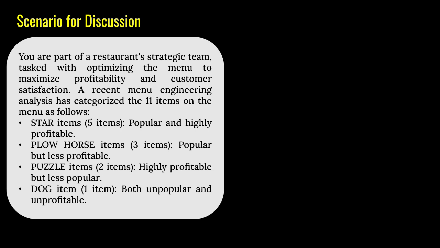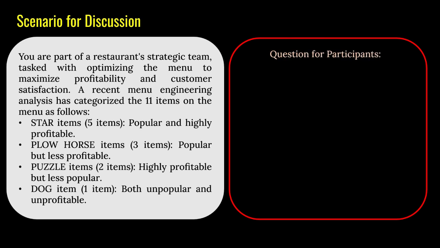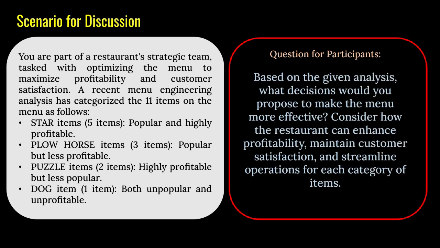Now, what will be your role now? This is a question I am raising for you. We'll try to solve that. Based on the given analysis, what decisions would you propose to make the menu more effective? Consider how the restaurant can enhance profitability, maintain customer satisfaction, and streamline operations for each category of items.